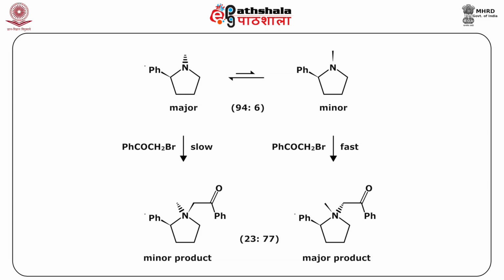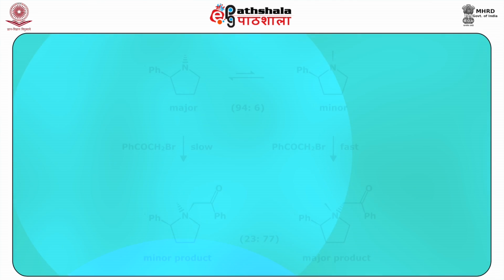We can see here in the given figure the major conformer reacting with phenyl COCH2Br with a slow reaction, while the minor reacts at the faster rate, and the minor and the major products are obtained in the ratio of 23:77.